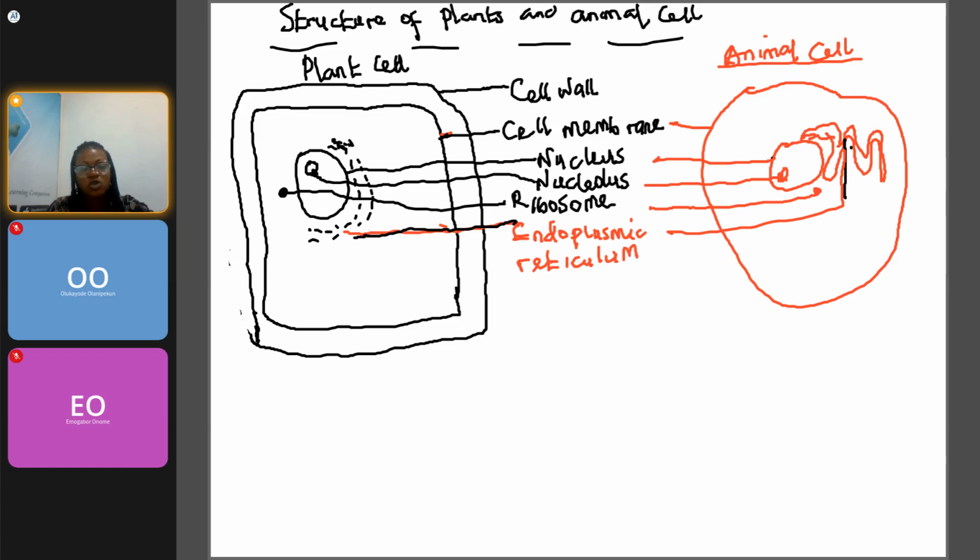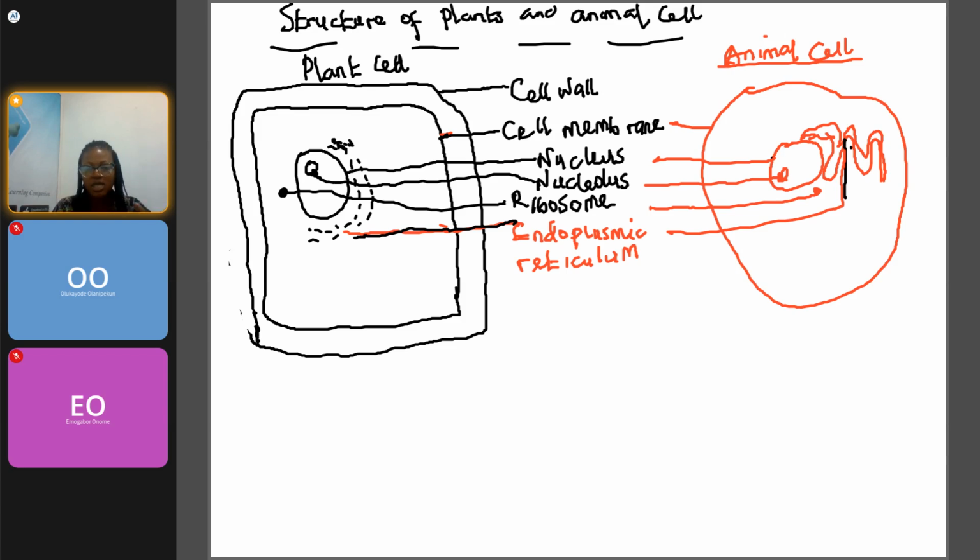Before we go into the function, endoplasmic reticulum is divided into two. We have the smooth endoplasmic reticulum and we have the rough endoplasmic reticulum. What it also does is that it produces protein. It synthesizes protein. So both endoplasmic reticulum and ribosome, they function in almost the same way.